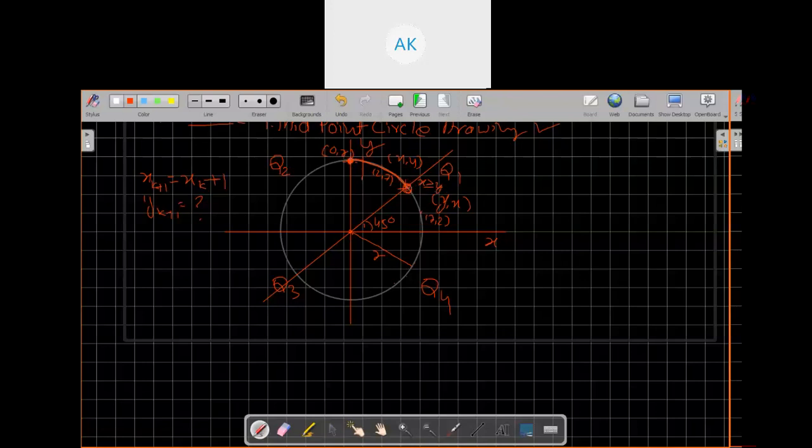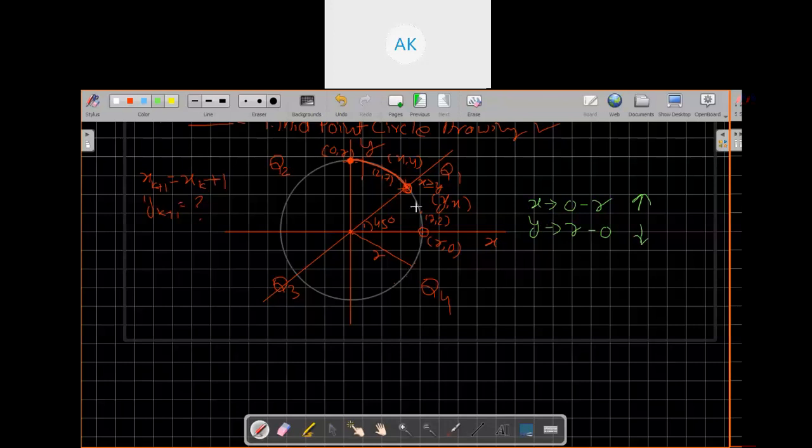As you can see here, y's value is increasing. At this point, what is the value of your x, what are the coordinates at this point? x is r and y is 0. So as you can see, your x is changing from 0 to r, and your y is changing from r to 0, meaning the x value is increasing and the y value is decreasing.